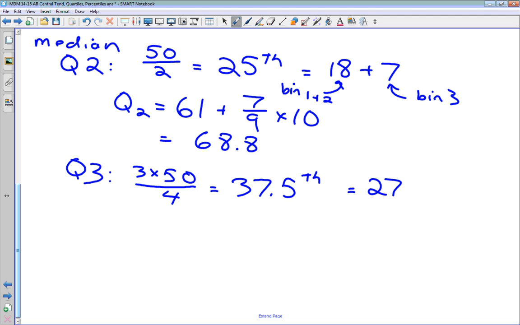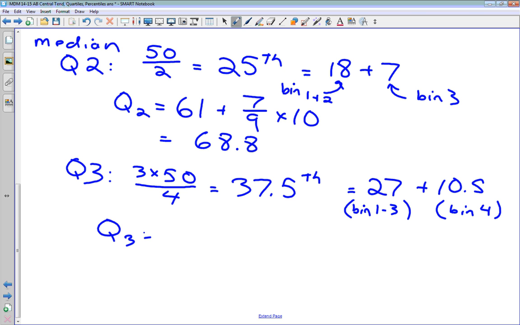So it's the 27 numbers in bins 1 to 3 and 10 and a half numbers in bin 4. So what number is the 10 and a half number in bin 4? Well, let's figure it out.